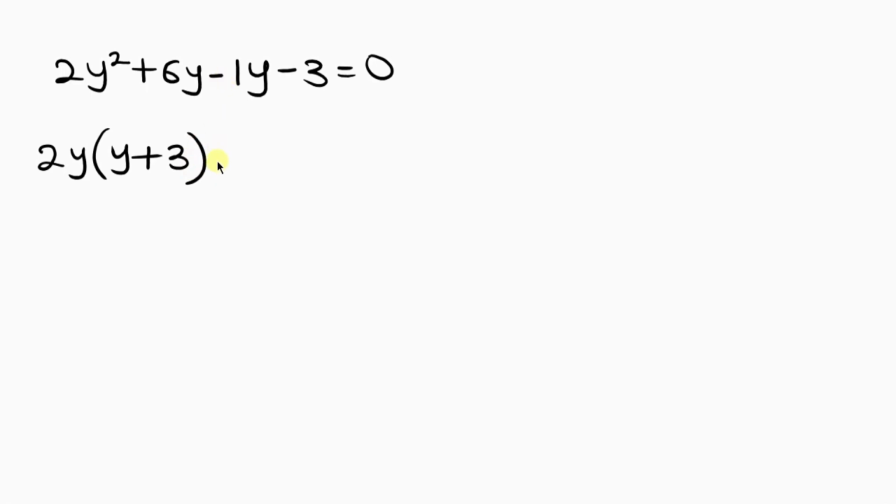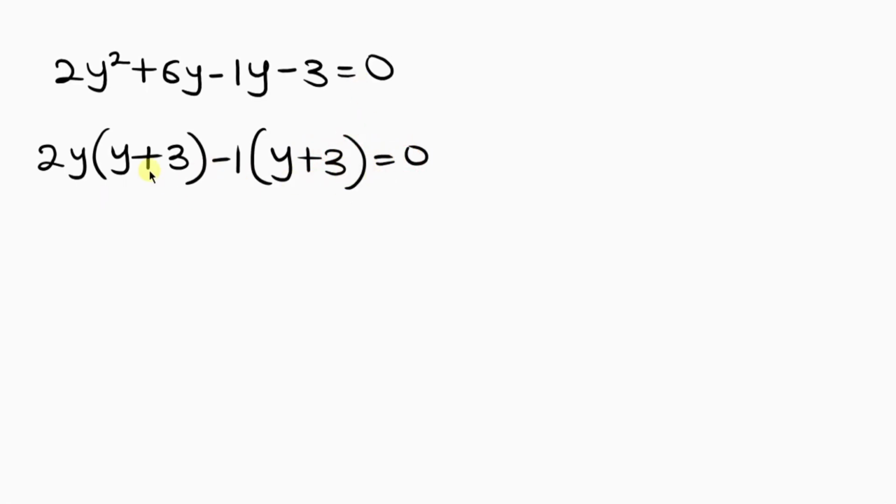And then minus. Notice that 1 is common, so I'll bring out 1. Open bracket. Now, negative 1y divided by negative 1, I'm going to have y, and then negative 3 divided by negative 1 gives plus 3. And this is equal to 0.